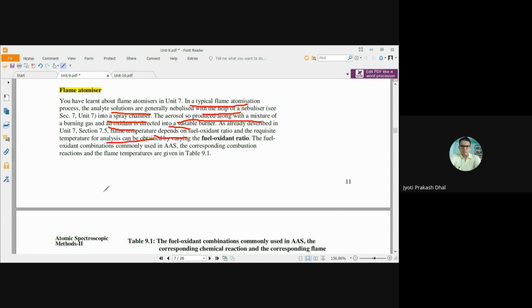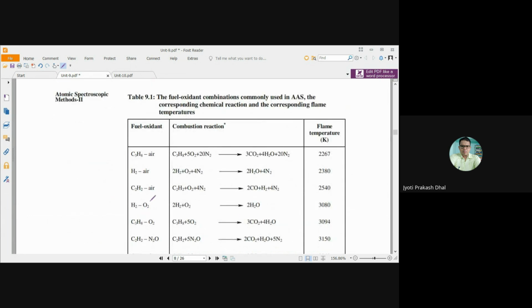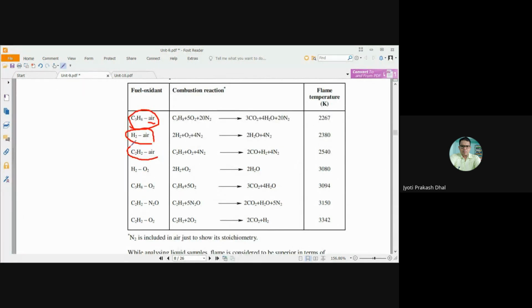The fuel oxidant combinations commonly used in AAS, the corresponding combustion reactions and the flame temperatures are given here. This is the combination of fuel and oxidant. Here it is given propane, air: propane is the fuel and air is the oxidant. For hydrogen, air, hydrogen is the fuel, air is the oxidant. This is ethyne, air: ethyne or acetylene is the fuel, air is the oxidant. Then hydrogen, oxygen.